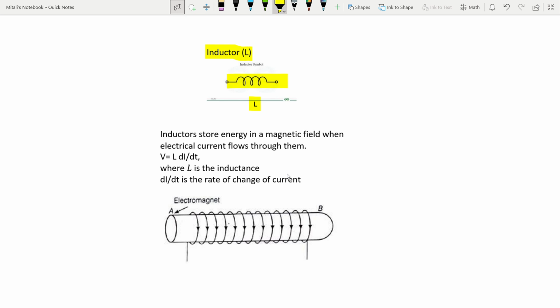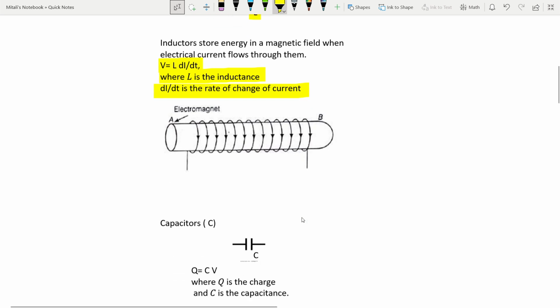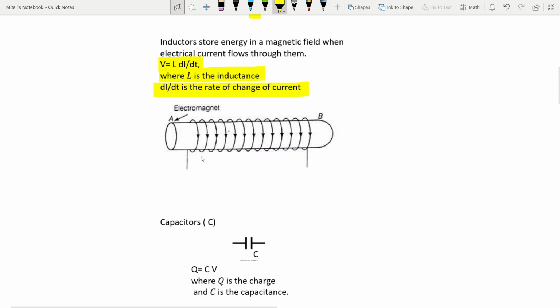The voltage across an inductor is given by V = L di/dt, where L is the inductance and di/dt is the rate of change of current. Inductors are often made by coiling a wire. The inductance depends on factors like the number of coils and the core material.